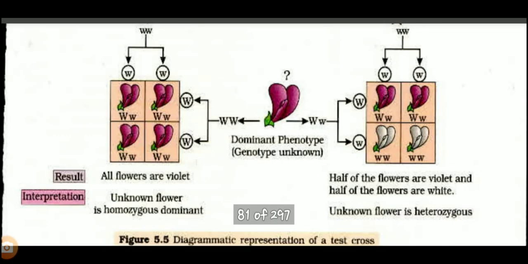The purple color will be in this square, and the result is all flowers are violet or purple, and in the other cross half of the flowers are violet and half of the flowers are white. So this is the law of dominance.